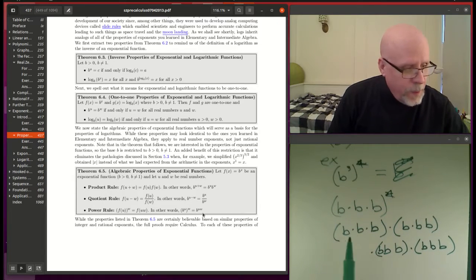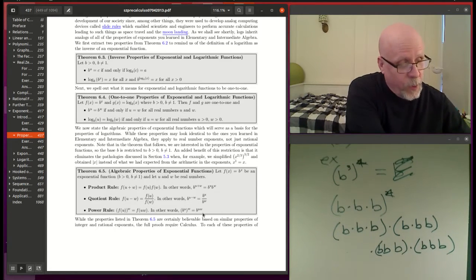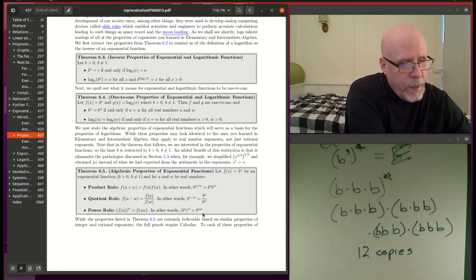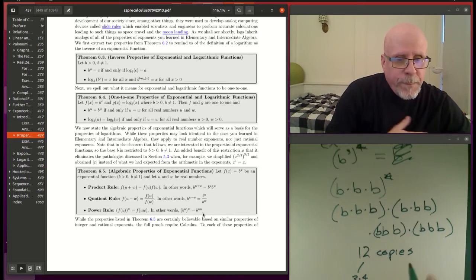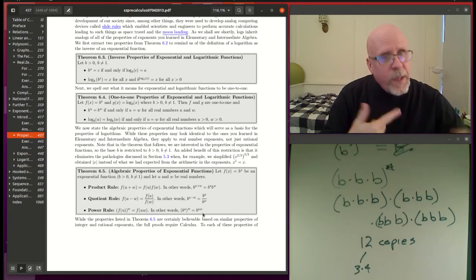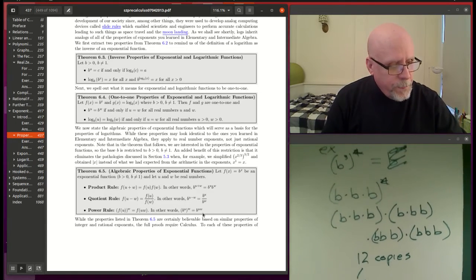Well, copies of b times b times b. That's multiplying, isn't it? So we've got 4 times 3 or 12 copies total. In other words, when you're raising a power, you should multiply the exponents. When you're raising something that's already an exponential expression to another power, multiply the exponents.